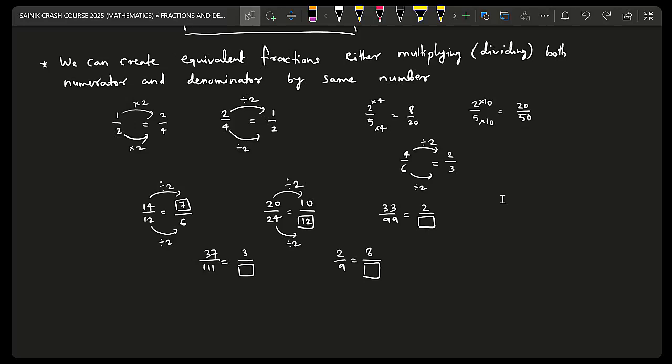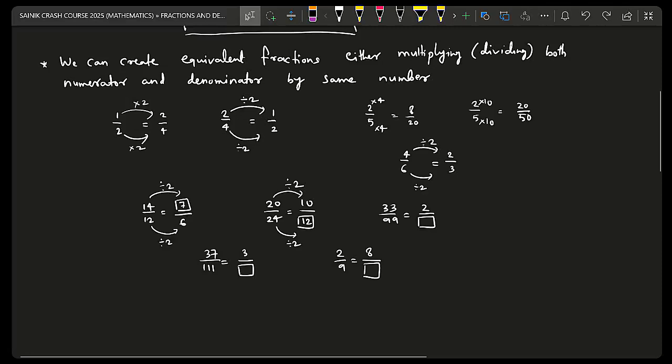Sahana, can you answer? 10? Wrong answer. 9? Is it 8? Wrong answer. Snehal, can you give the answer? Sir, 11. Wrong answer. Srivatsav. Sir, 3. 3 is also a wrong answer.